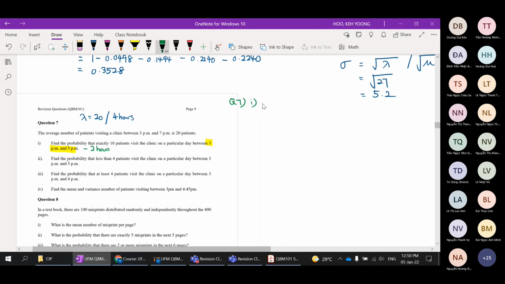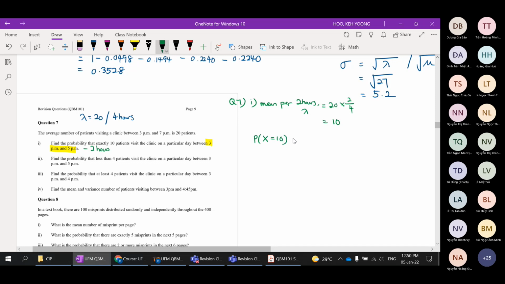So you have to find the mean per 2 hours, which is the new lambda. You take 20 times 2 divided by 4. So you divide by half, that means you got 10. So you expect 10 patients per 2 hours. Here you want to find x equals to 10.